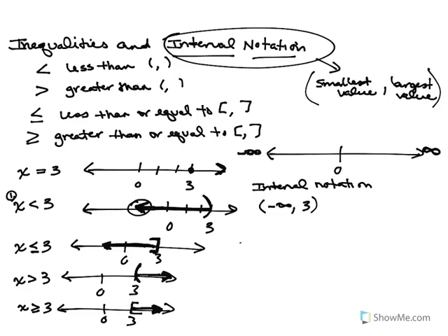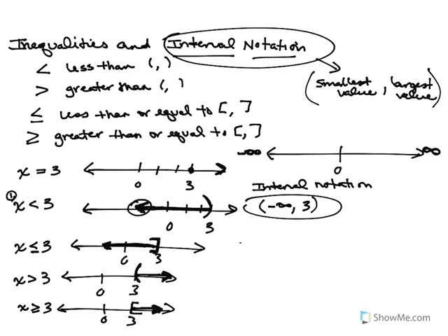So I could pick any number between there. Negative 120 is a solution to this problem because negative 120 is what? Less than 3, and it creates a true statement. So anything that can create a true statement in that original problem is a solution to the inequality. So therefore, that's what our interval notation is showing us. Any number between negative infinity and 3 is a solution to x is less than 3.